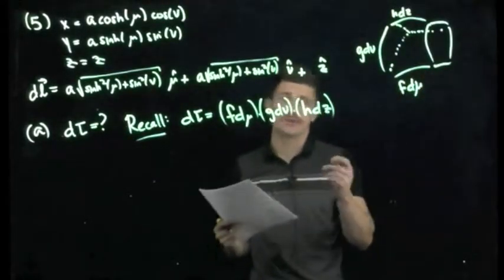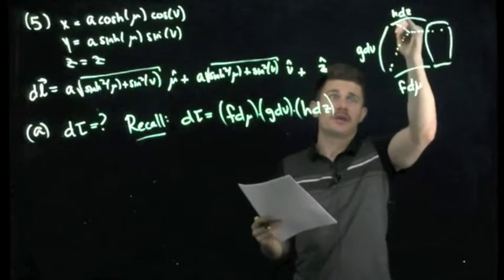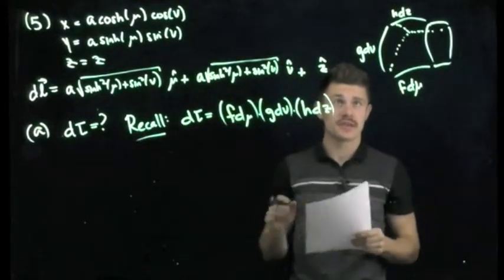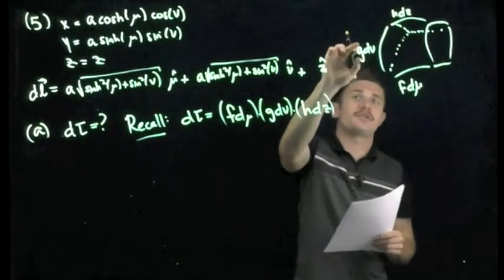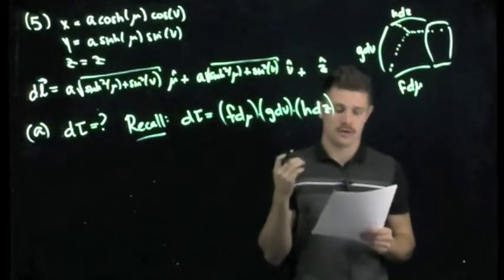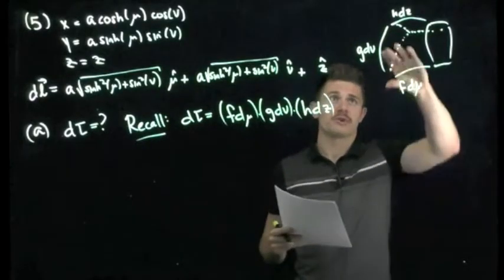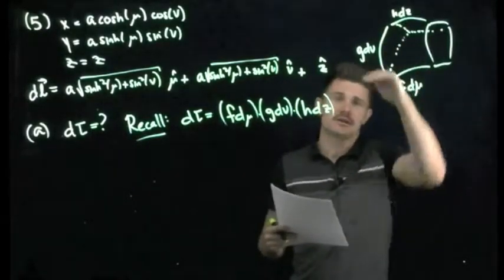So our volume element will be the multiplication of these three individual elements in the three dimensions of our space, and each of the h, g, and f are essentially some scaling factor which has to correspond with how this space changes in that direction.